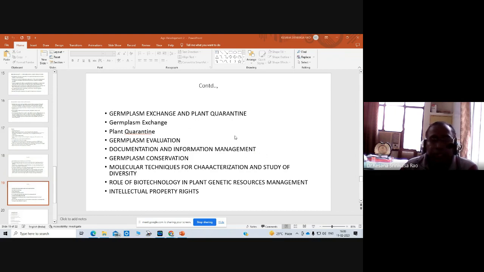The molecular techniques for characterization and study of diversity. Okay, so with these molecular techniques, how they are being characterized, and how these can be diversified from one to another. Because what type of change, what type of output is likely to come if you diversify. So in each and every germplasm, or what type of plants or what type of things are growing, the botanists are doing a lot of research on this.